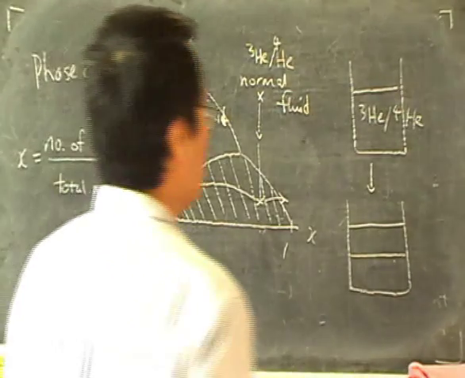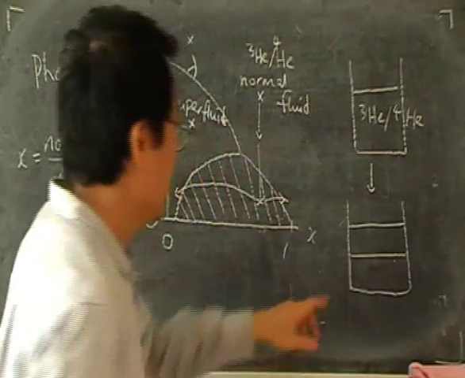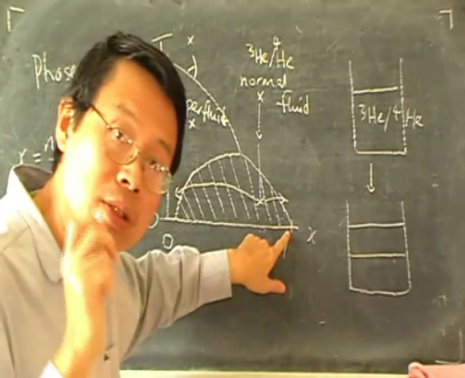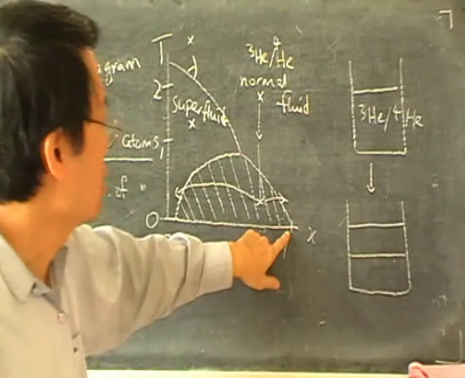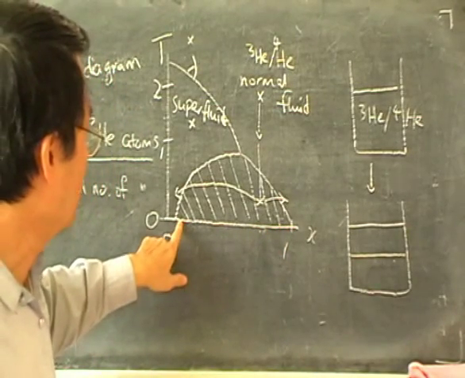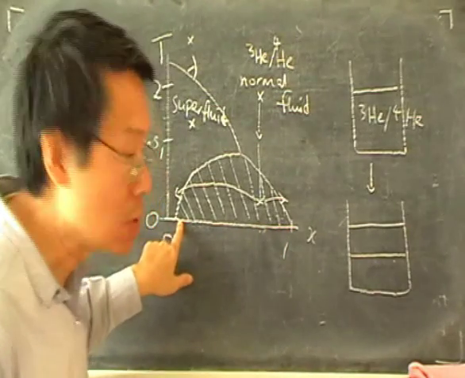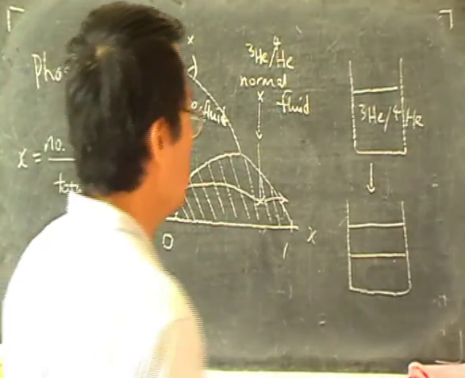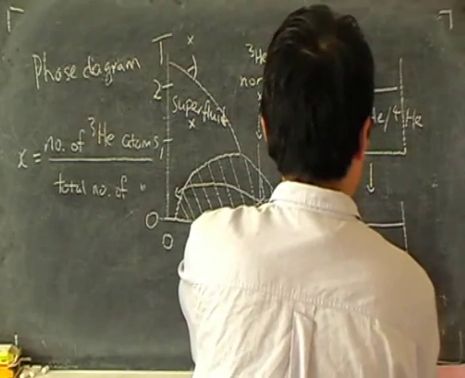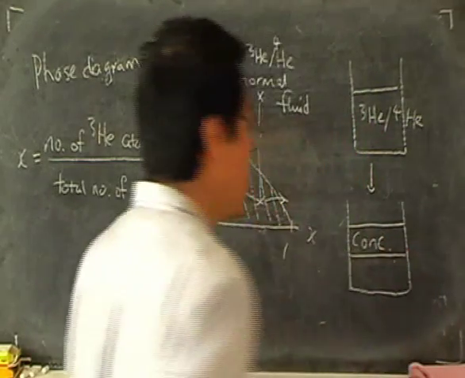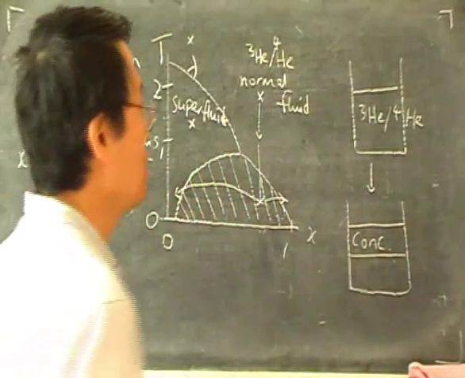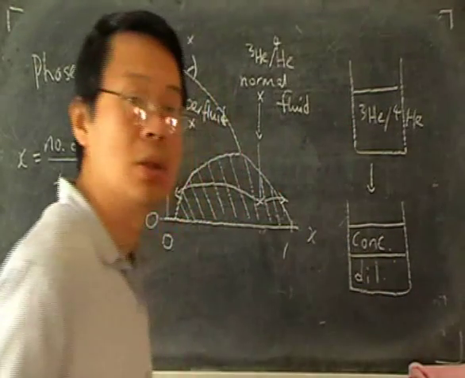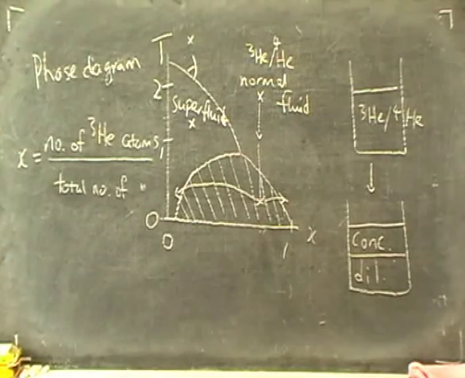Okay. One layer will have much higher concentration of helium-3. The other layer would have a much lower concentration of helium-3. So we call one layer the concentrated layer, and we call the other layer the dilute layer.